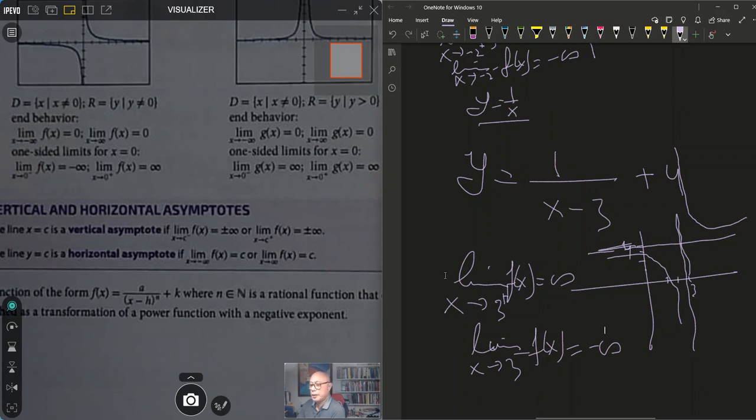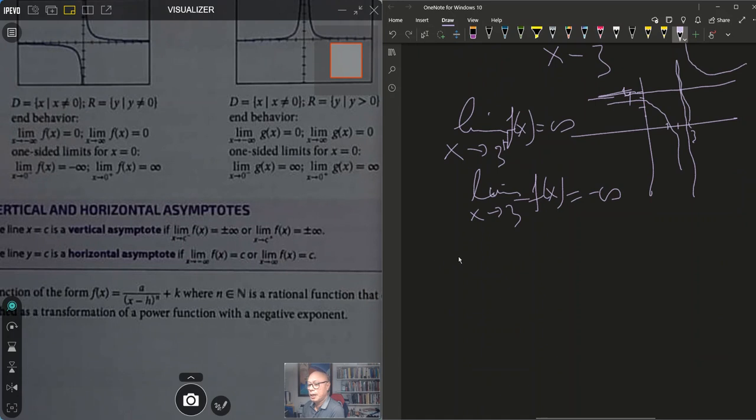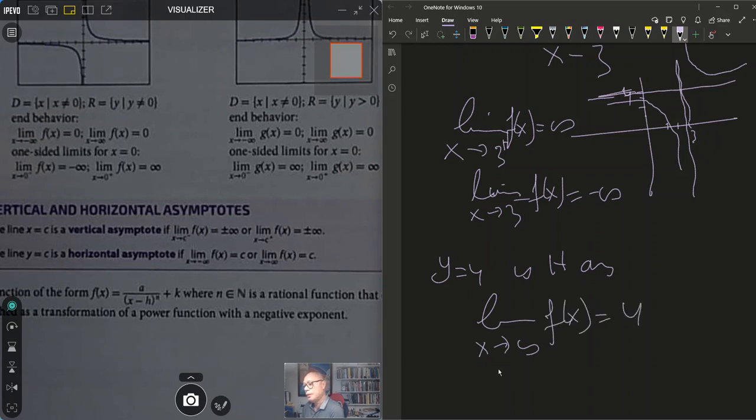So we can say y equal 4 is the horizontal asymptote. Limit x going to positive infinite, the value of f(x) equals 4. Also limit x going to negative infinite, f(x) also goes to 4. So y equals 4 is the horizontal asymptote.